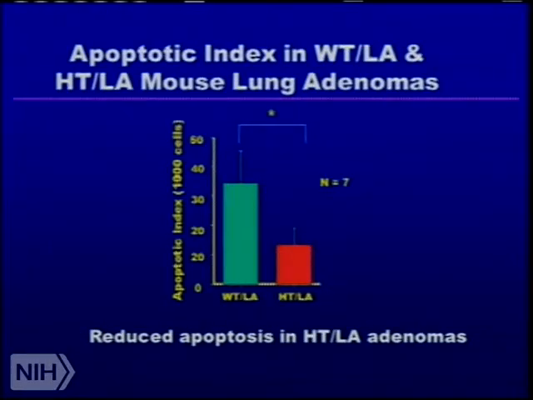Now, we also looked at the apoptotic index in these mice, and we showed that there's reduced apoptosis in the latent activatable adenomas compared to the wild-type latent activatable adenomas.